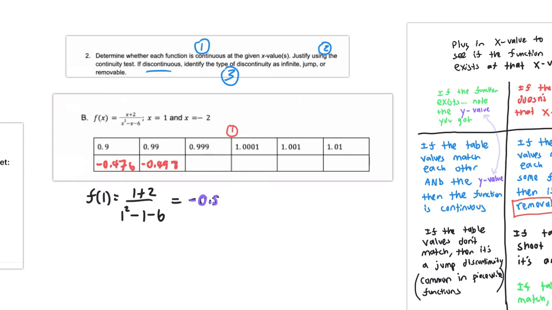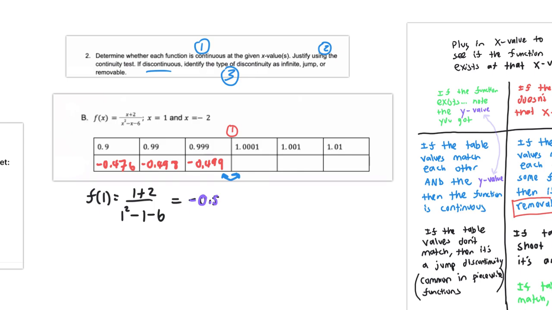And then the next one is -0.499. So it's clearly getting very close to -0.5, but let's see if these end up matching. We really want to look at these two to make sure they are really close to each other, although I am going to fill out everything because it appears that the teacher wants that.